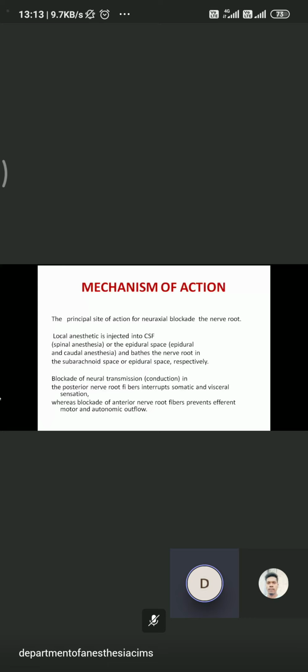But the site of inserting the needle changes in epidural and caudal. In caudal we insert the needle in the caudal space, while in epidural we can inject the drug from the cervical to the lumbar and sacral area also.